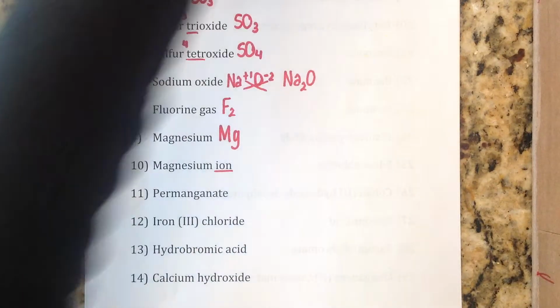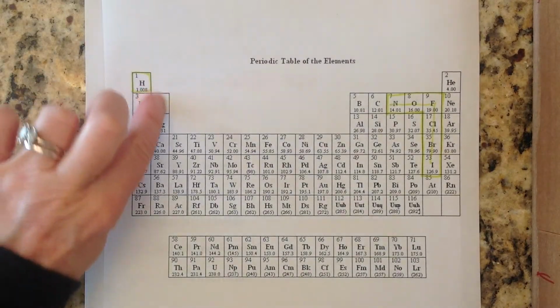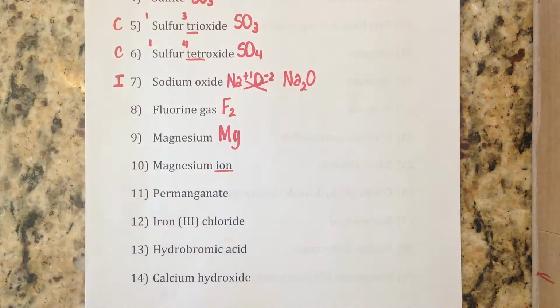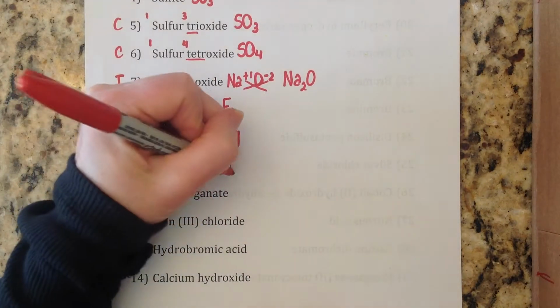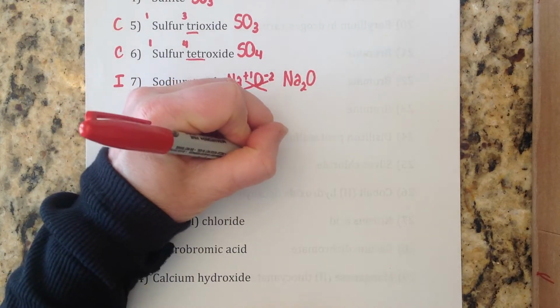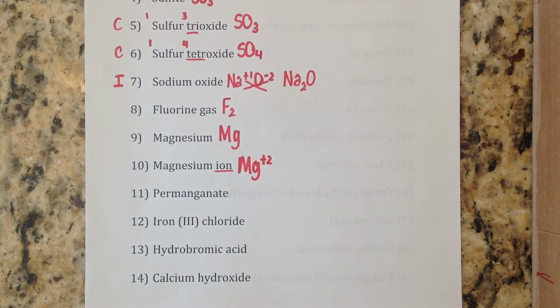And so what you can do is you can look at the periodic table and you know magnesium's in column 2. So we know it's going to lose 2 electrons and it's going to have a +2 charge. So the cation of magnesium is Mg+2, which is the magnesium ion. And we learned how to do these when we talked about writing and naming cations and anions.